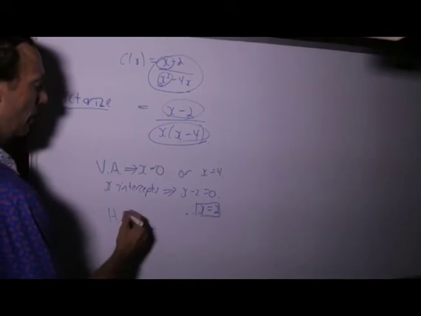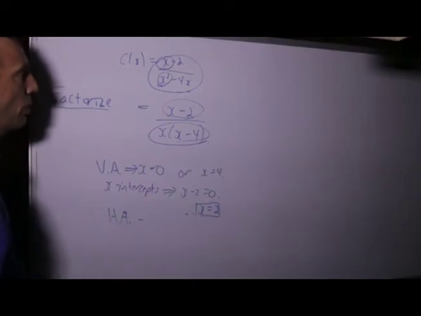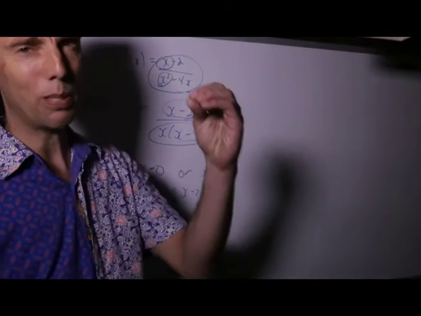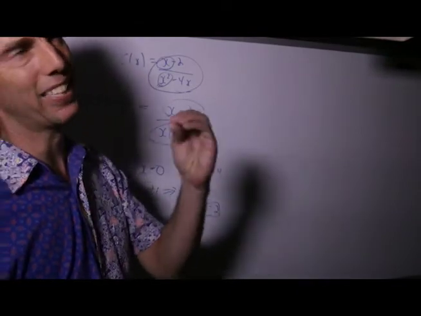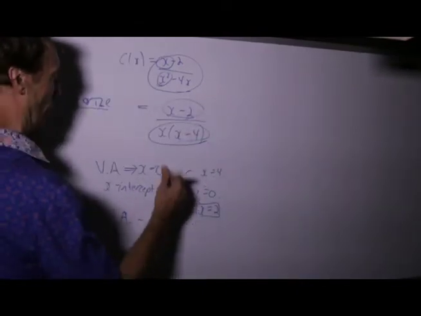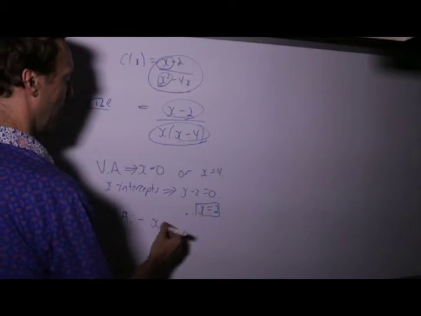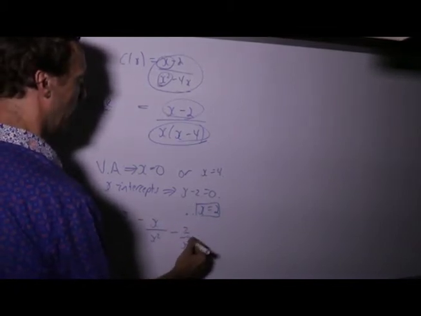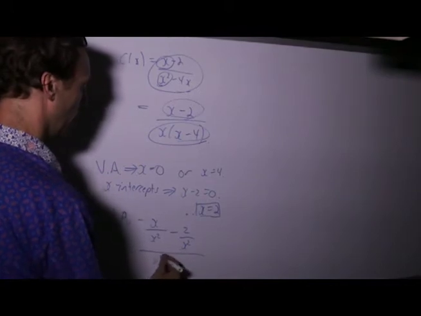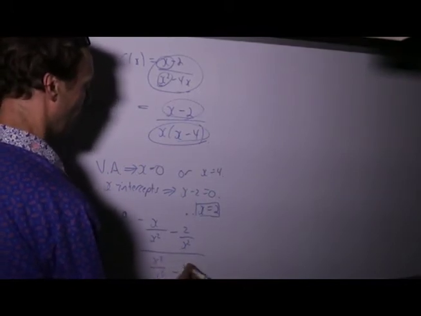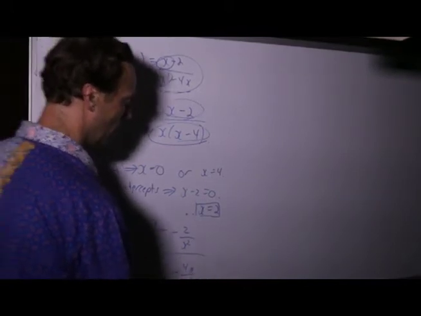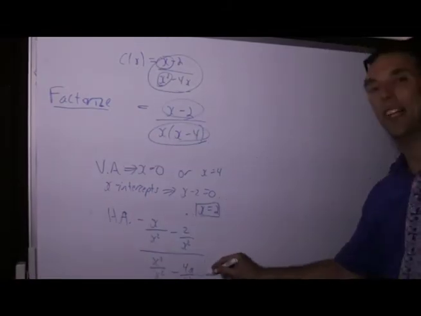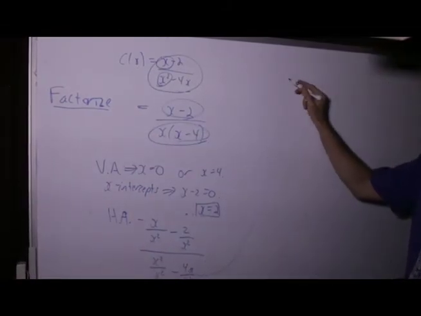Horizontal asymptote, in this particular case, we will just divide by the highest power of the denominator, which is x squared. So in this case, we'll divide through by x squared. Do this for everything in the numerator, then do it for everything in the denominator. Remember we're looking at these values as x approaches a massive number.